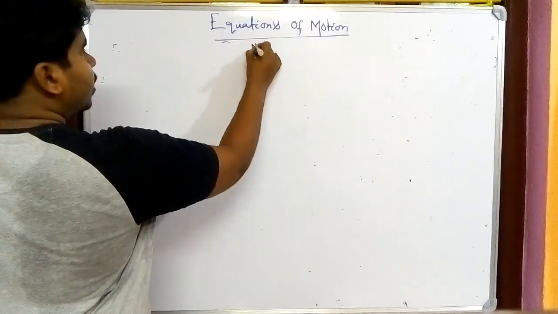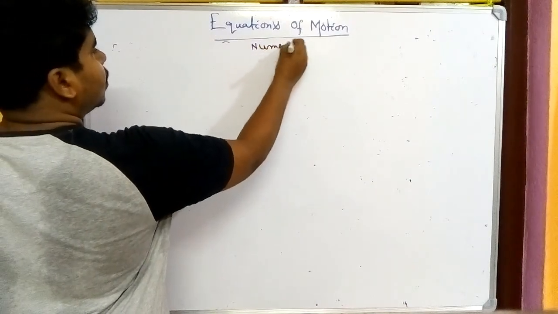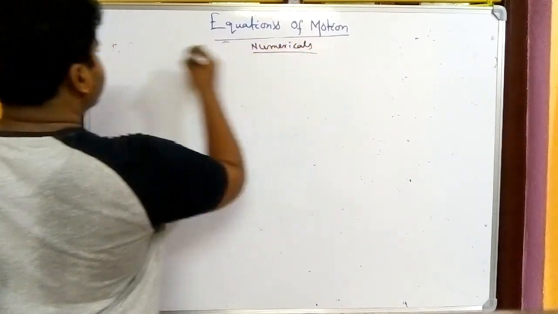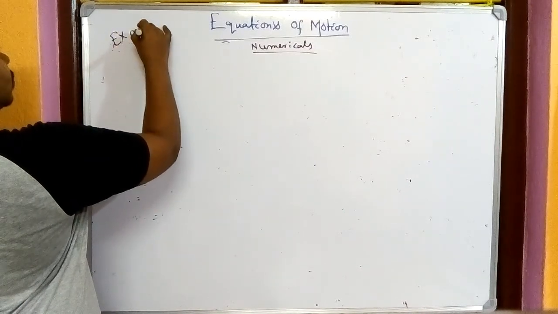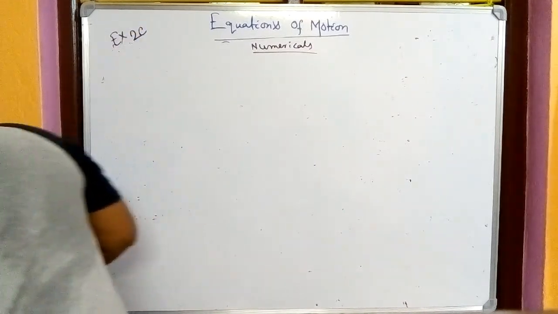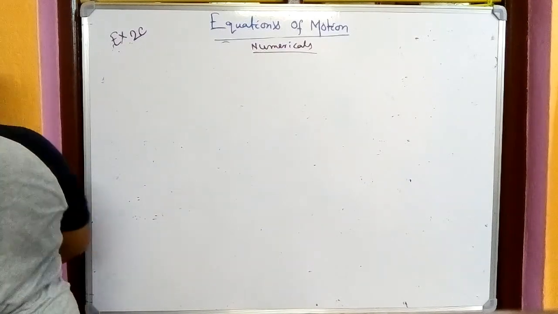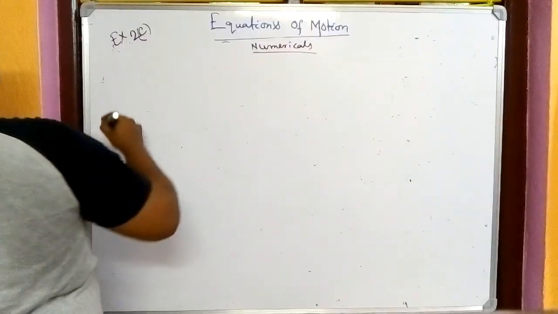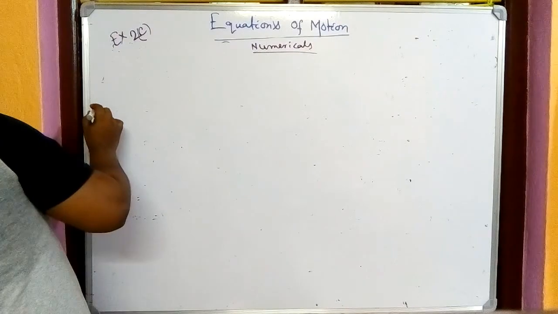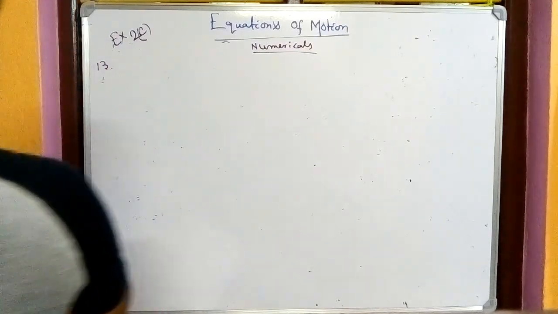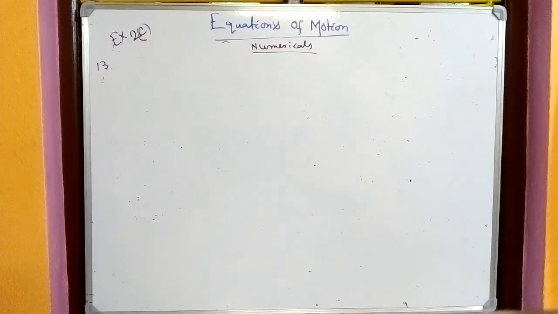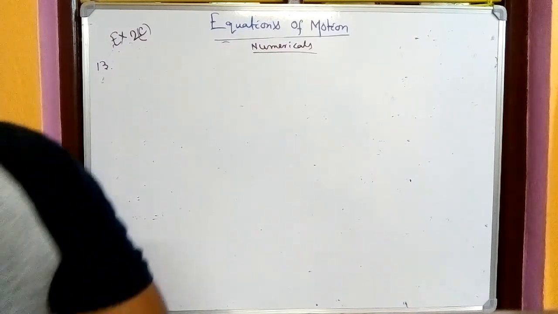So, numericals, exercise 2C, I think, if I'm not wrong. Let's see, exercise 2C. We'll start with numerical 13, because we will do 13, 14 and 15, the last three numericals, and then I think these are enough for you.